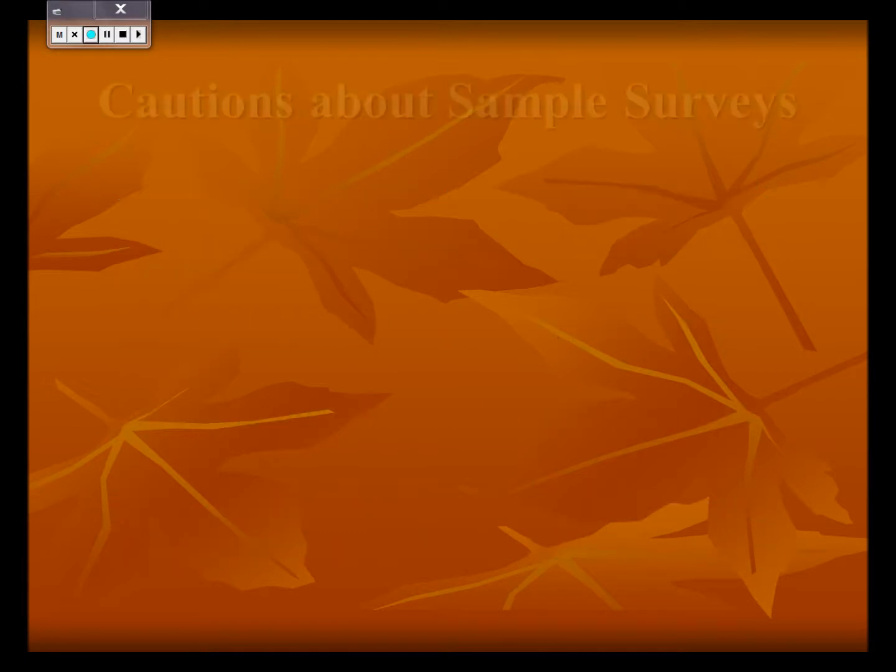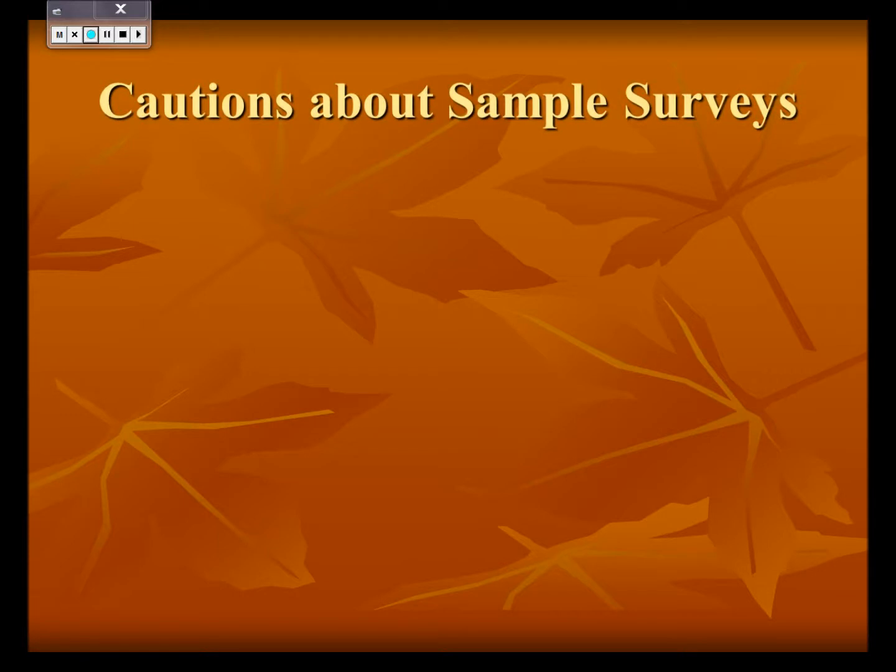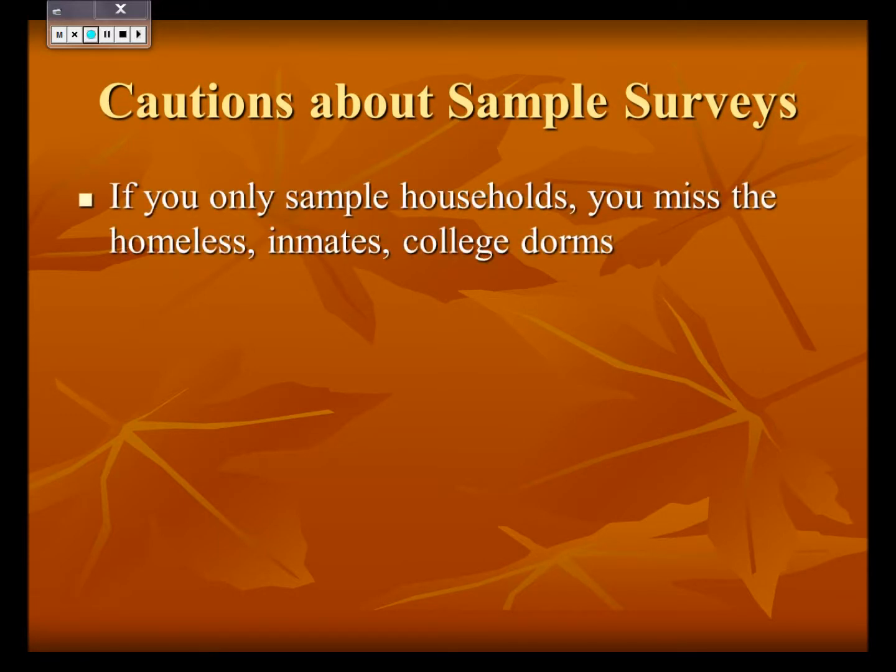Some cautions about sample surveys, or surveys in general. If I'm only sampling households, I'm going to miss anyone who is not living in a house. This would include people in college, people that are homeless, anyone that may be in jail. These people's opinions count, but if I'm only collecting information from households, I'm missing these people.